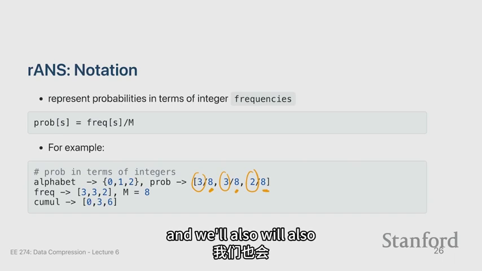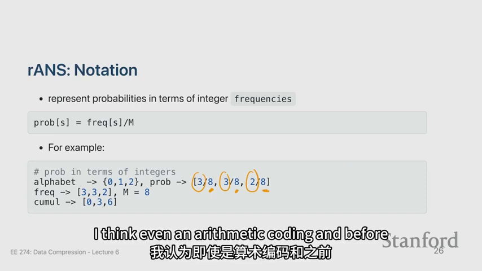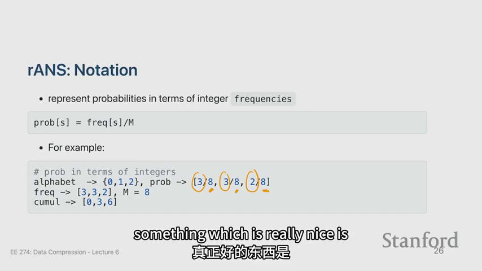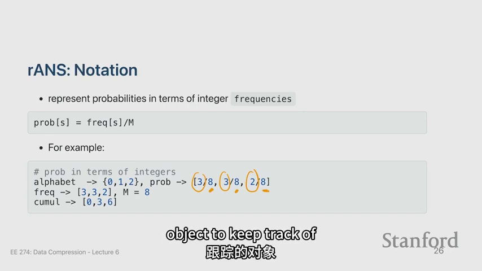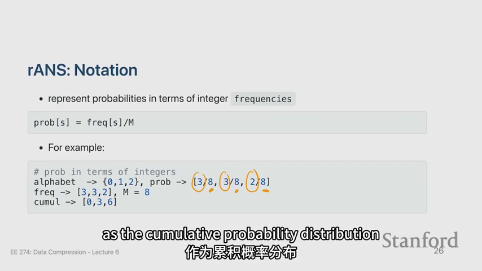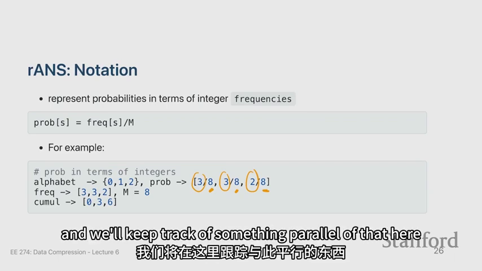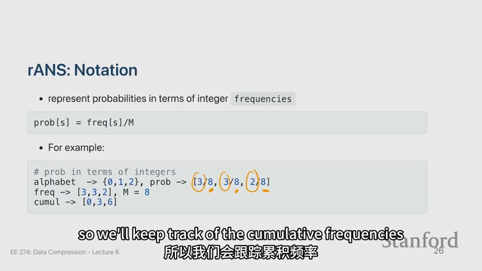Okay. And as we have seen, I think, even in arithmetic coding and before, something which is really nice to keep track of is the cumulative probability distribution. And we'll keep track of something parallel to that here. We'll keep track of the cumulative frequencies, essentially.